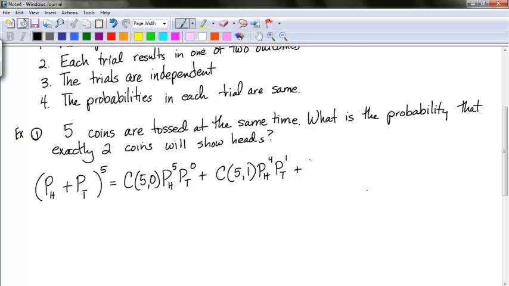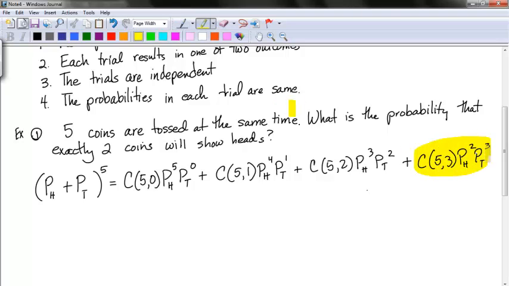Right now I've done 5 heads, 4, so combinations 5, 2, probability of heads 3, probability of tails 2, plus combinations 5, 3, probability of heads 2, probability of tails 3. Now, which one? I want the probability of heads 2. Yep. So I want exactly. So I want this term.